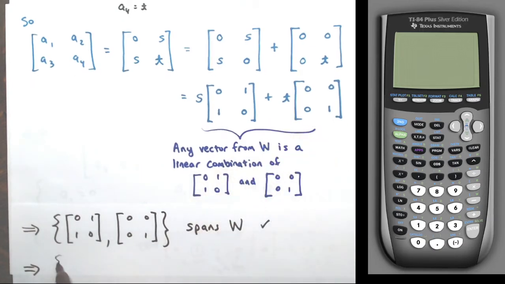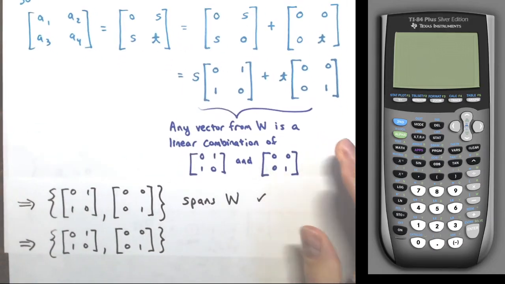this set of vectors is linearly independent, because again, there's only two of them. When there are only two vectors, they'll be linearly independent when they're not scalar multiples of one another.